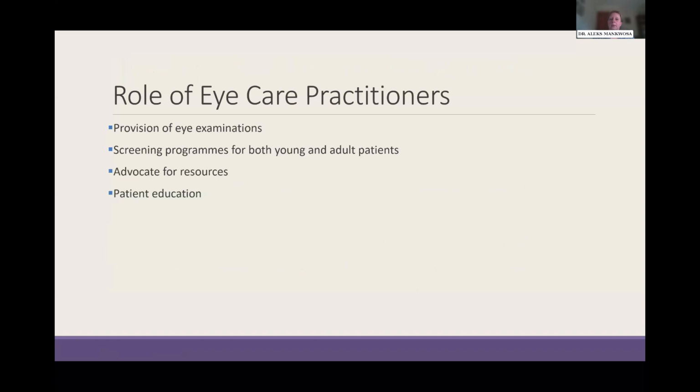What can we do about it? First of all, make sure that we provide good access to healthcare, both in terms of full eye examinations for our patients, but also in terms of screening programs for both young and adult patients.